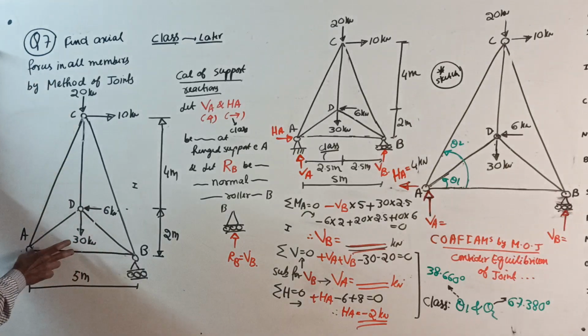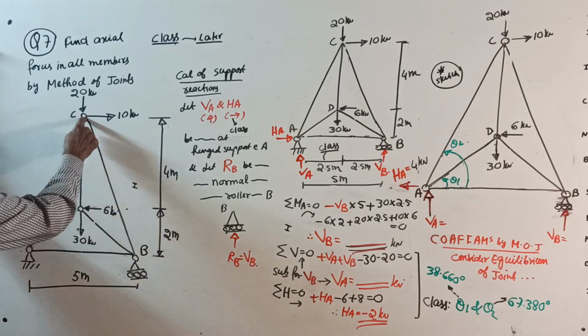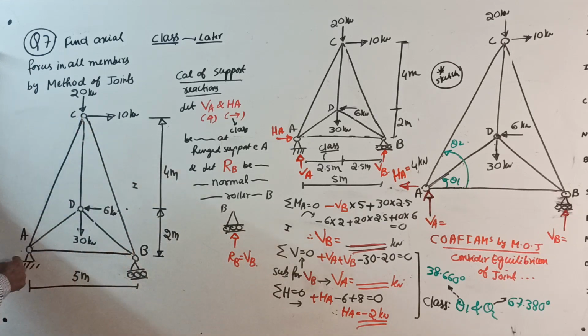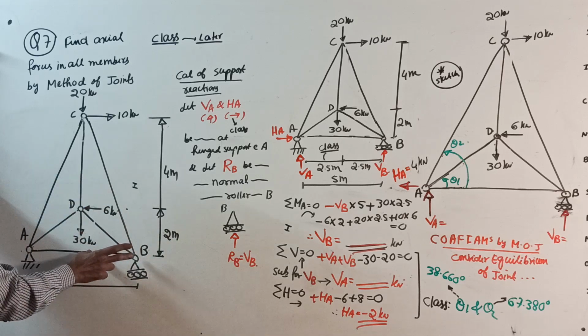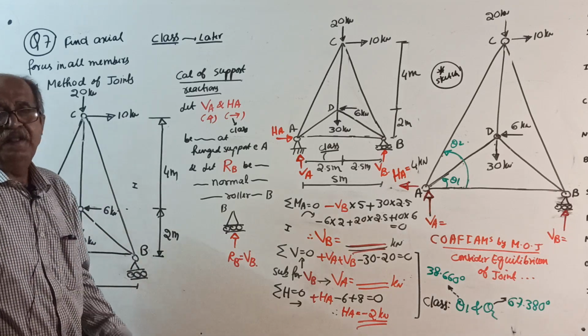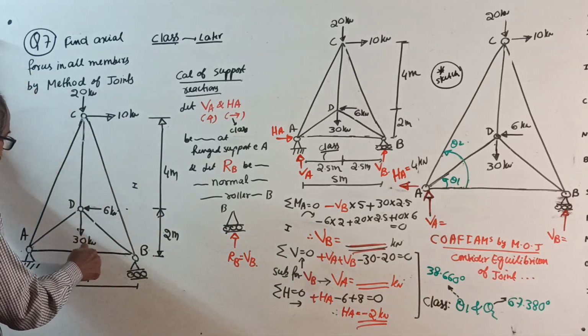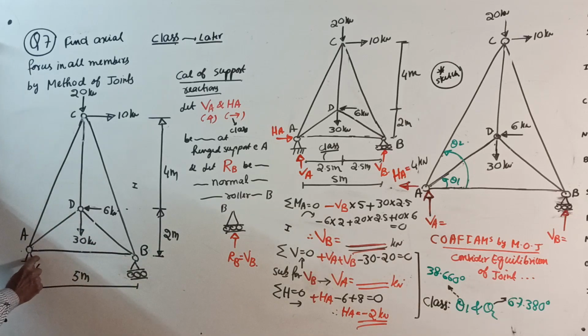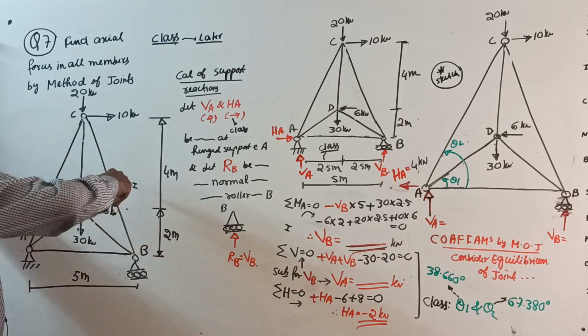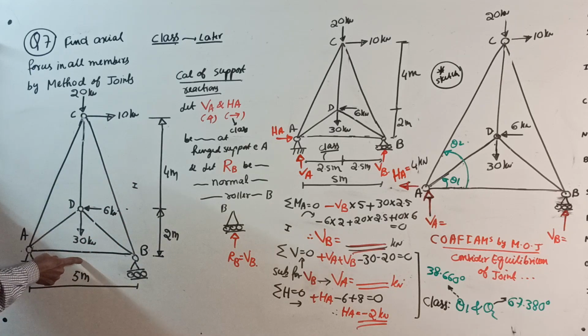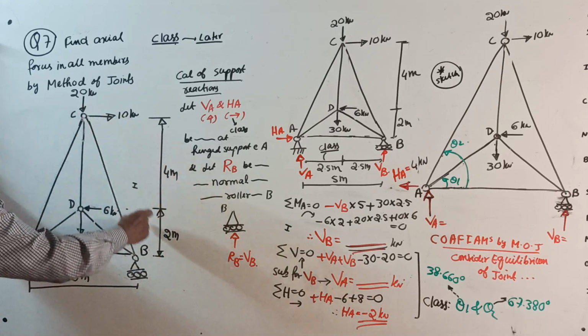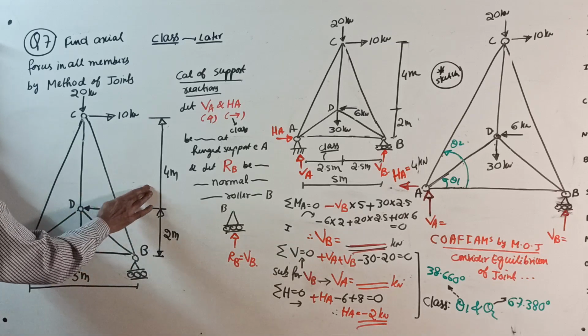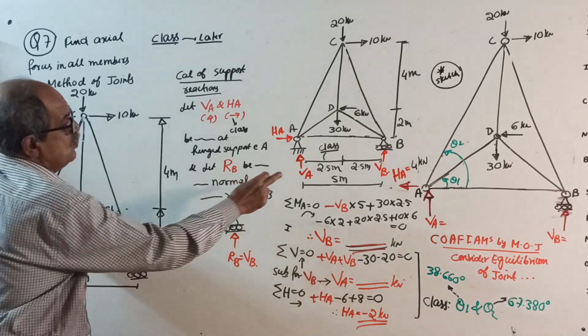Means this side equals this side. ACB is an isosceles triangle. Why? See, these sides are equal. Here also equal. Suppose it is not equal, they should have given it. They can give 2 meter here, then the sketch will become different. It won't be like this, it will come something like this. So in the absence of data, you take it that way, 2.5.